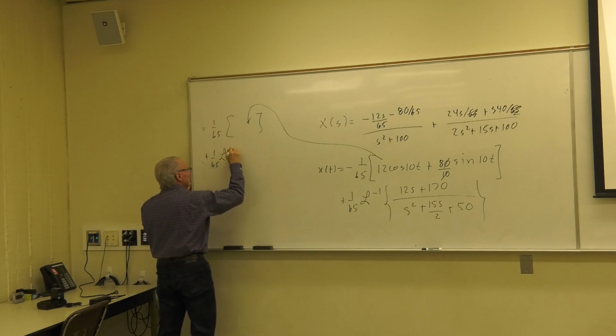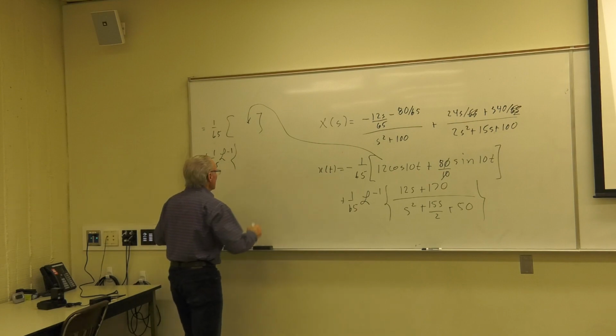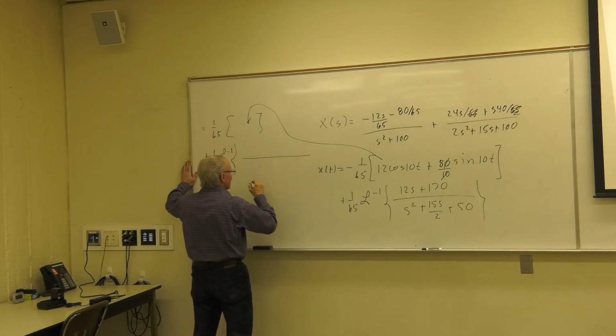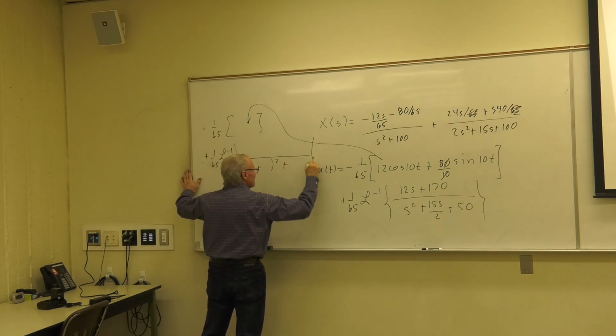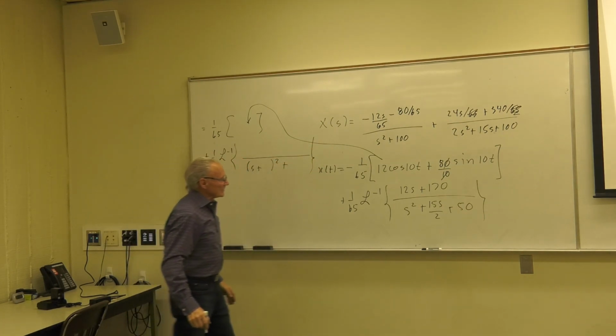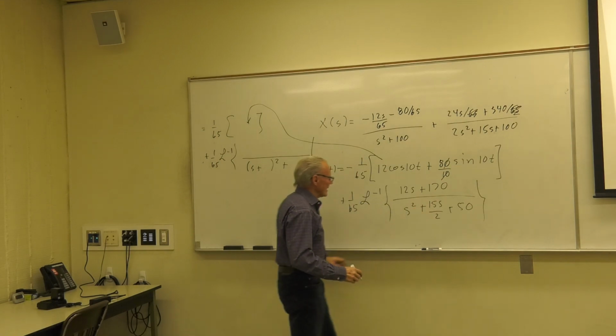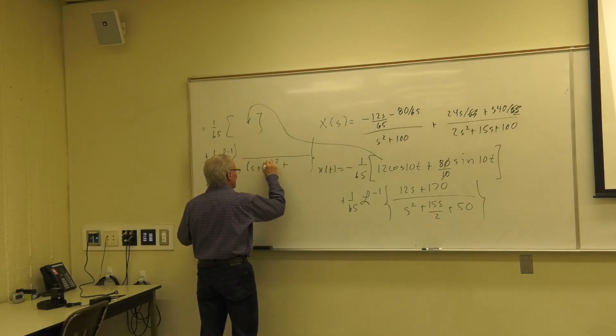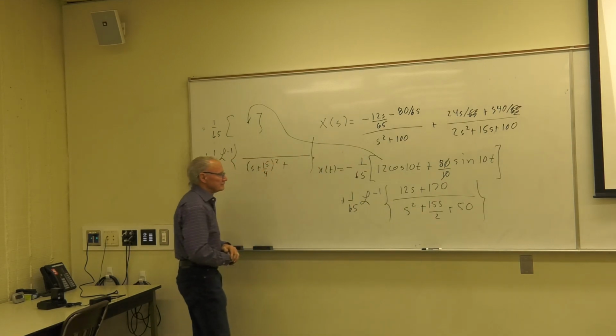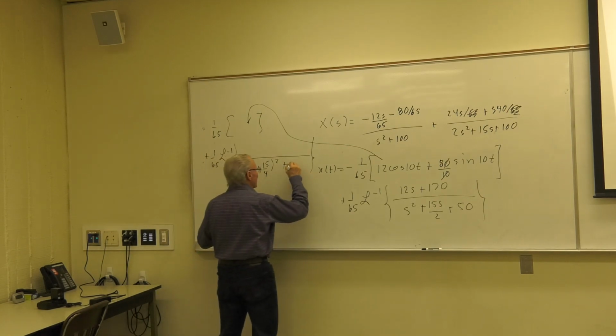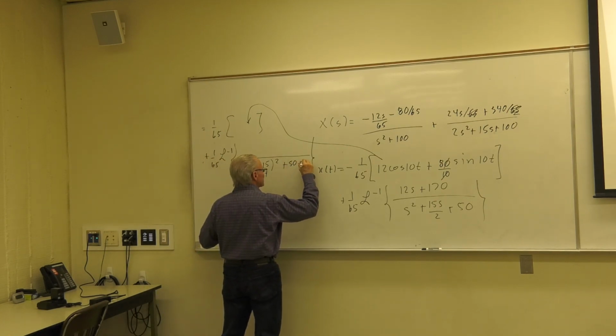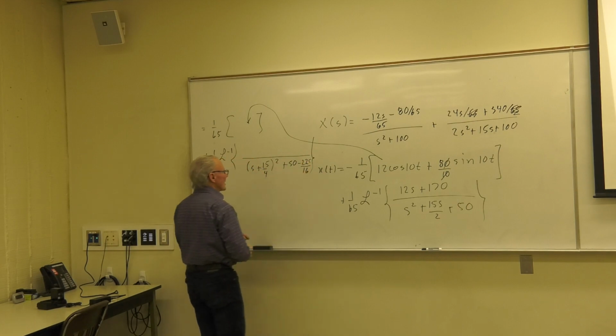the inverse transform of completing the square in the bottom, s plus what, squared, plus what? Well, it's always a half of this guy, so that's 15 over 4. Then we will have 50 minus 225 over 16. That's 225, that's the square thing.